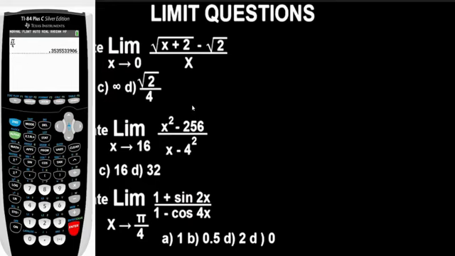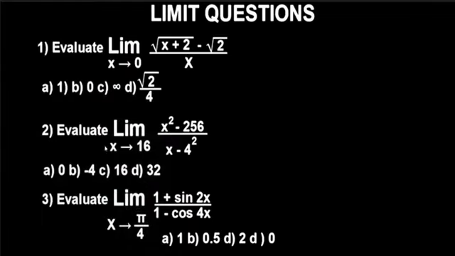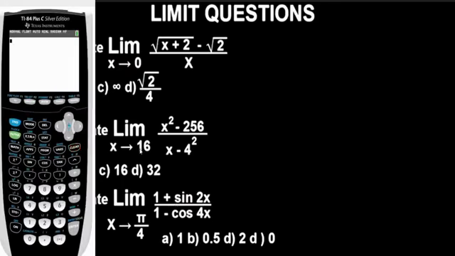So we're making progress. Let's clear this and solve question 2. Okay, so you say evaluate this, x is tending to 16. All right, guys, so that means we're going to store a new number. To be on the safe side, I recommend you reset the calculator since you want to store a new number, so the previous one stored will not interfere.